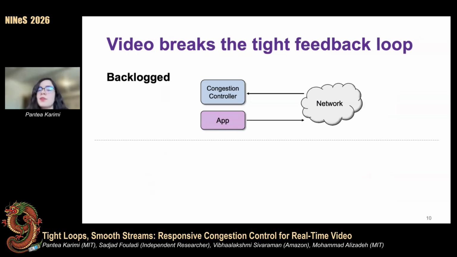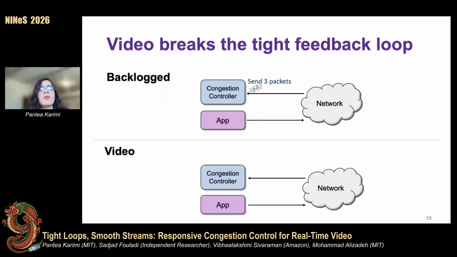A broken feedback signal makes network estimation difficult. In a backlogged flow, when the controller wants to send, let's say, 3 packets, the application provides 3 packets immediately and sends them, so the congestion controller gets its feedback. With video, however, the application may have fewer packets to send.